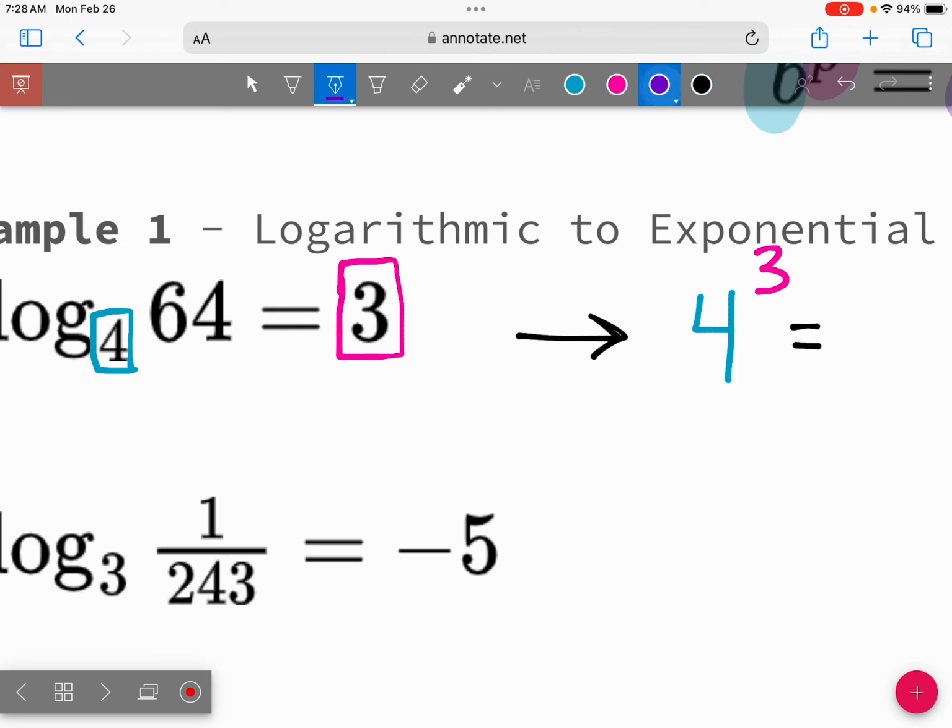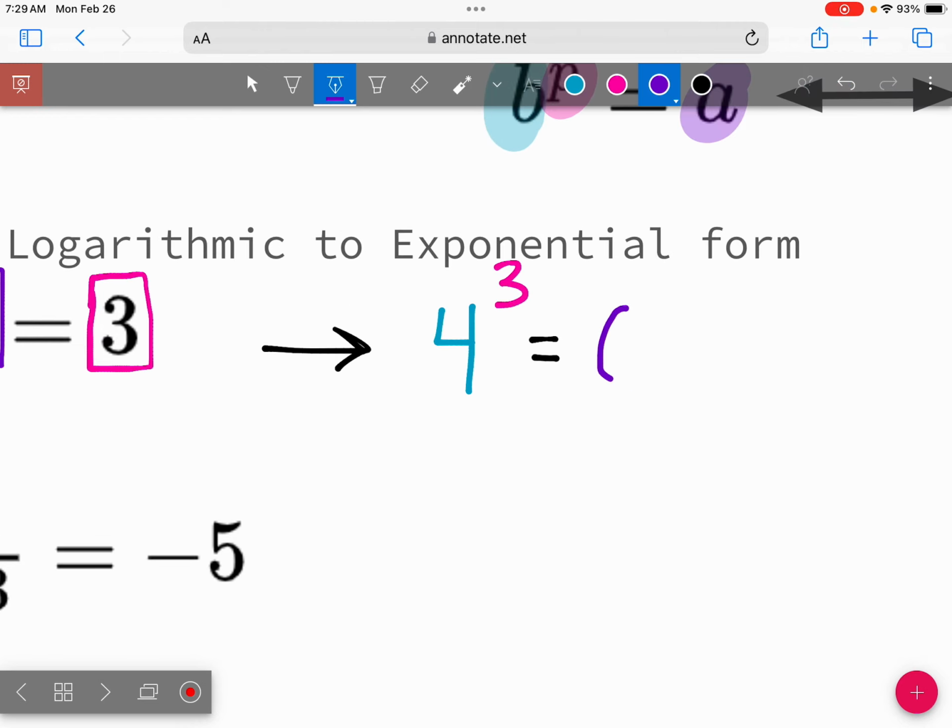And it's going to equal this chunk here, 64. That's our argument, is what that's called. So log base 4 of 64 equals 3 means the exact same thing as 4 cubed equals 64.